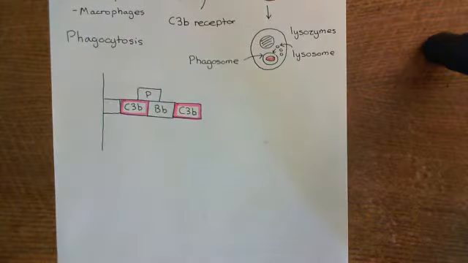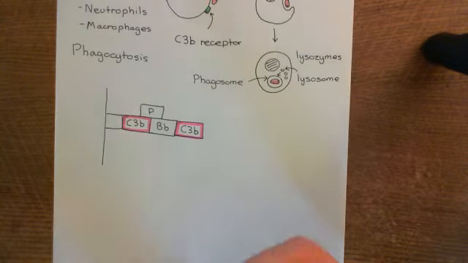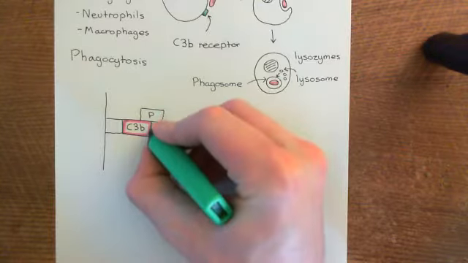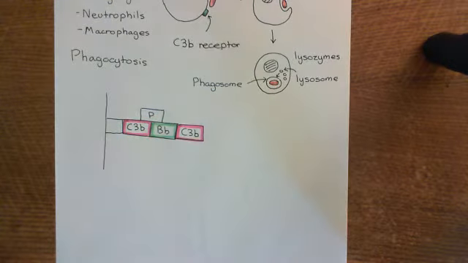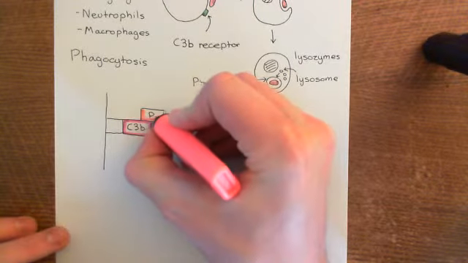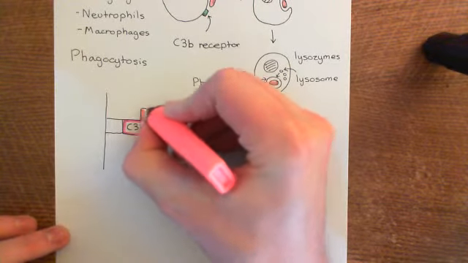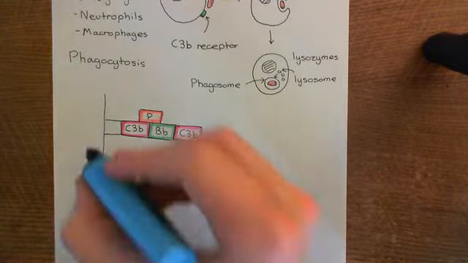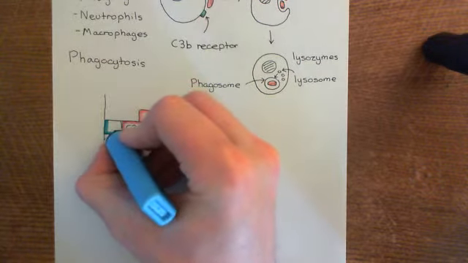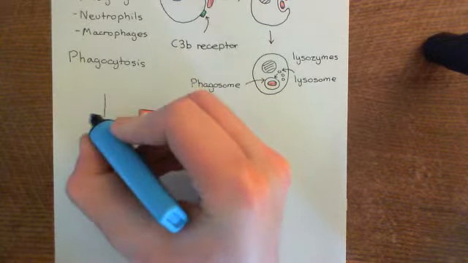And then we've got the Bb in the middle, in green. And then we've got properdin as well, that's just stabilising the complex and stopping it from falling apart, basically. And then we've got all of this bound to a glycoprotein on the surface of the microbe.